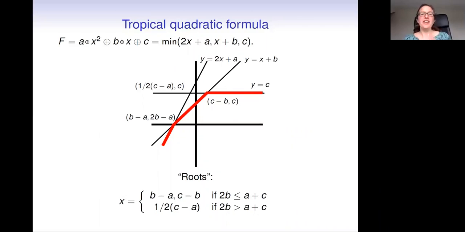However, if I asked you to write down a tropical cubic formula, which you can do if you come to the problem session tomorrow, you're just going to draw, instead of 3 lines for the quadratic, 4 lines for the cubic, and we'll be taking the minimum. And we're going to be seeing what the possible options are.